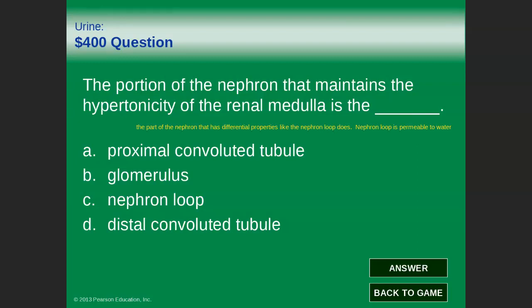On the other hand, the ascending limb is permeable to sodium. What that does is allow water to go out of the descending limb and salt to go out of the ascending limb, and that creates an osmotic gradient. So the nephron loop is what maintains the hypertonicity, the high osmotic gradient.